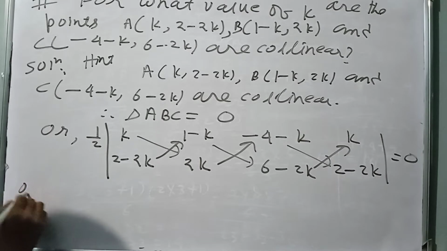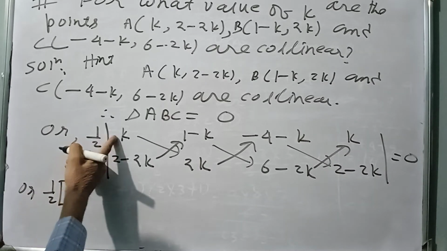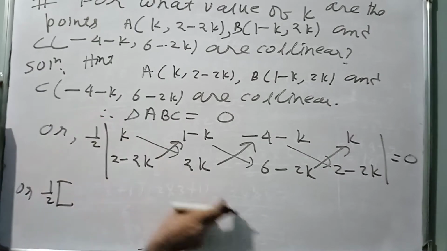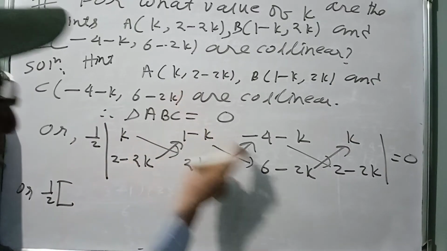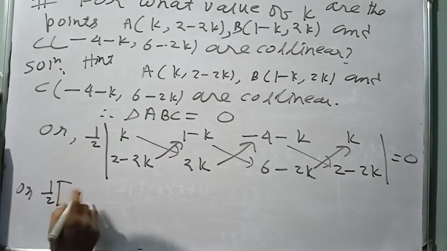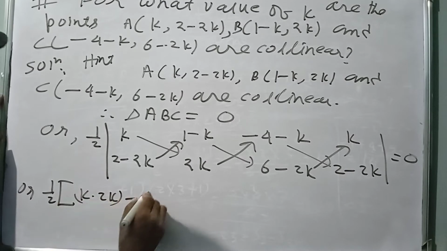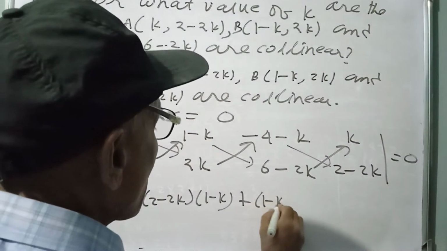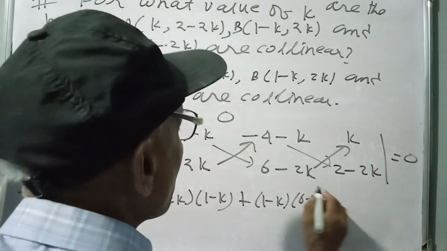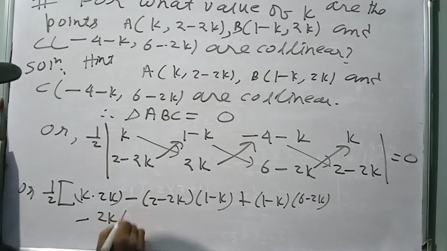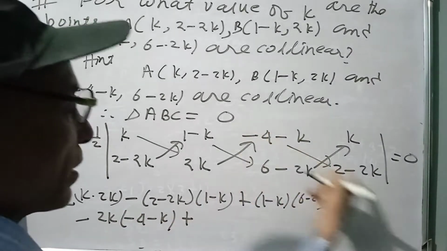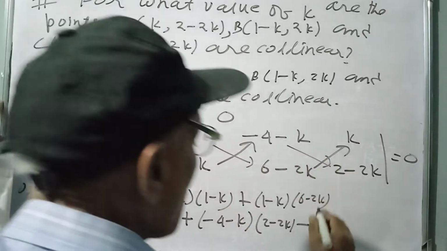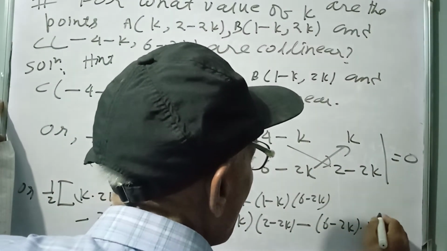I write one step only and you can do it. x1 y1, x2 y2, x3 y3, x1 y1 repeated, left up to right down, plus minus: k into 2k minus (2 minus 2k) into (1 minus k) plus (1 minus k) into (6 minus 2k) minus 2k into (minus 4 minus k) plus (minus 4 minus k) into (2 minus 2k) minus (6 minus 2k) into k equals 0.